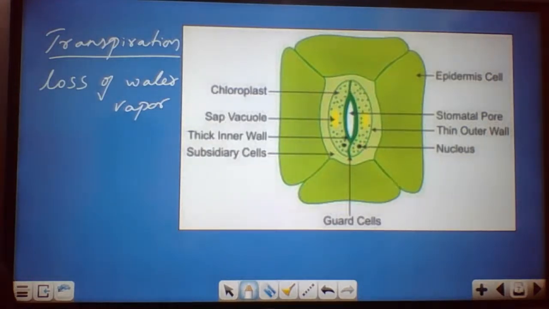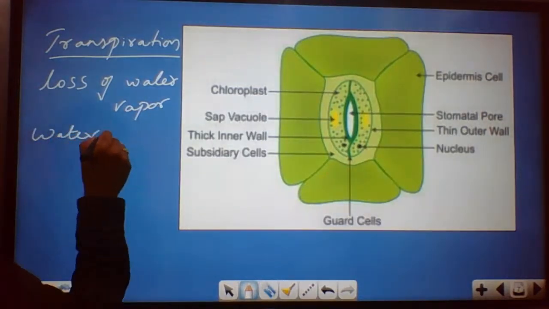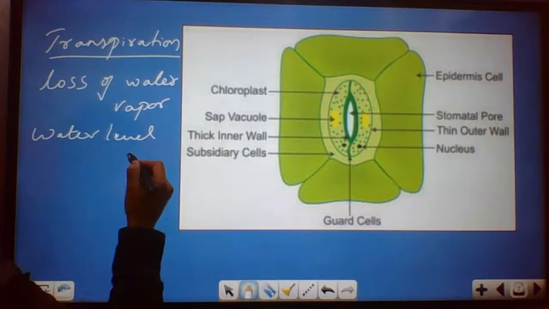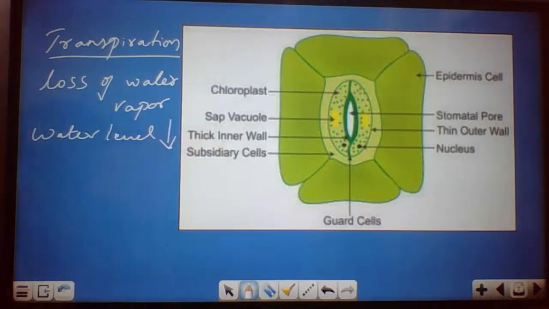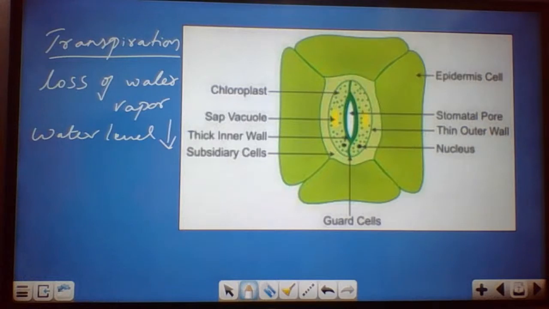When the water level in the soil is less, for example in the case of desert plants where the water level in the soil is quite low, at that time you cannot expect transpiration to be more, because the soil water level is very low, so the transpiration level also goes down.